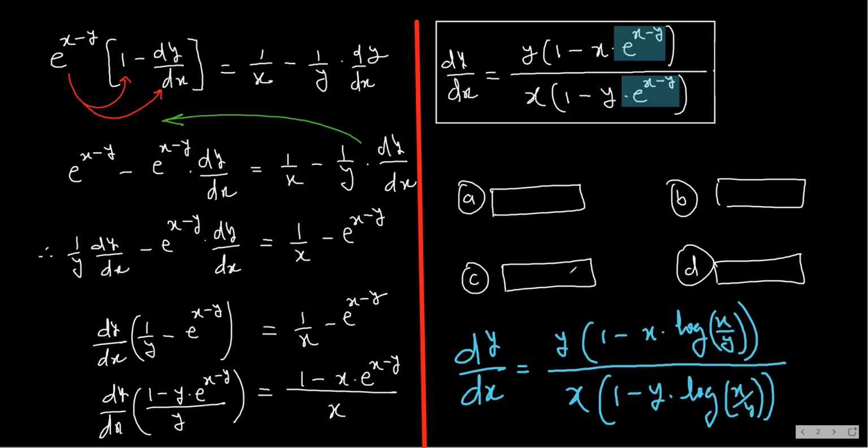So there is a possibility that one of the options which is correct is not in this form, but it is in this form. So you will have to be careful while attempting such questions in exam. We are going to take a few more such questions in time to come.